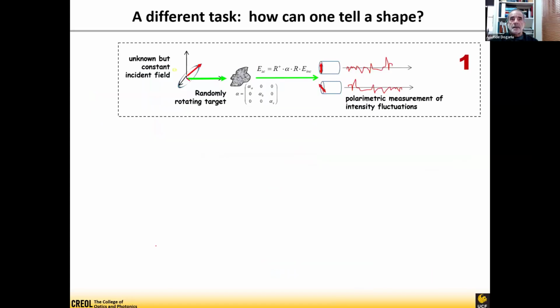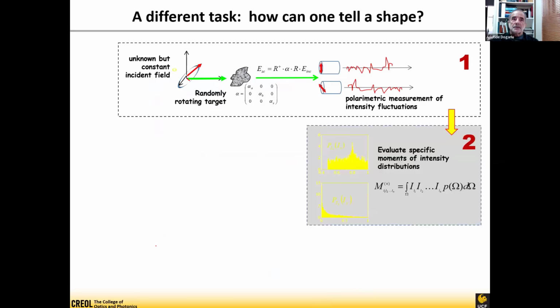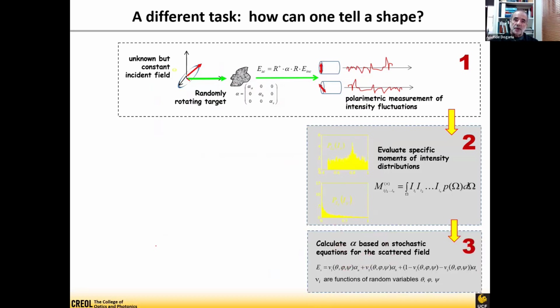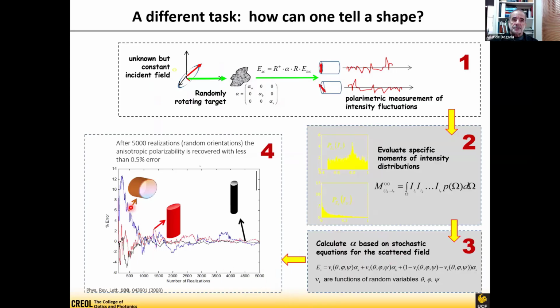Now, let me briefly show you another task. So how can one tell a shape? You can excite the shape changes, you get fluctuation in intensity in different polarization channels, you solve an inverse problem, and eventually you discriminate a shape by recording many realizations of this orientation of the shape.